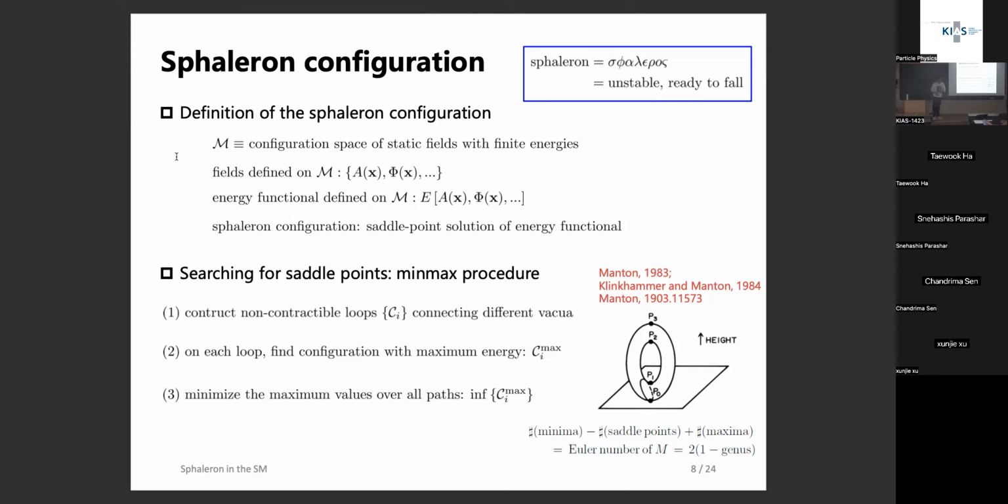Okay, so you know the vacuum is a minimum of energy, right? And it's stable. But the Sphaleron configuration is defined to be an unstable point. So the first derivative is 0, but the second derivative is not. So it's not a stable point, but an unstable point, which corresponds to the saddle point in geometry.